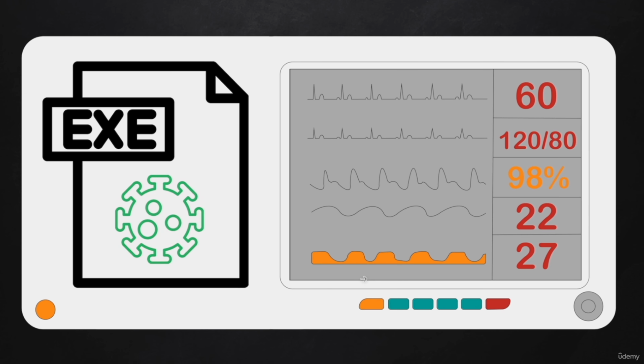If this executable is trying to connect to another computer, as we saw earlier, that means it's a backdoor, or if it's trying to modify registry entries, or if it is encrypting certain paths in the computer, then we know that this is a ransomware. So based on the behavior of the executable, the antivirus program is going to decide whether this executable is harmful or not.